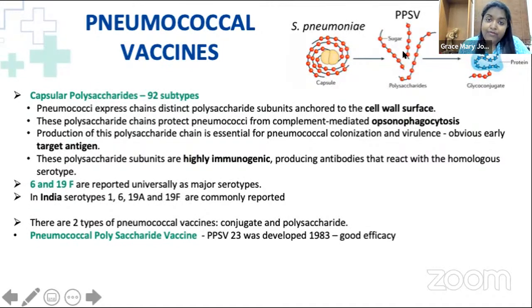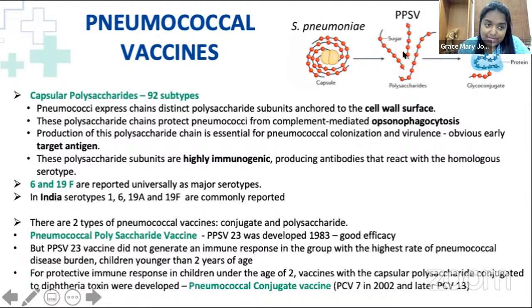But the problem with PPSV was that the most eligible population that has a high burden of disease because of pneumococci is children below 2 years. Because children below 2 years are unable to produce antibodies against this vaccine, this became in a way a failure, but it still has good activity against adults.